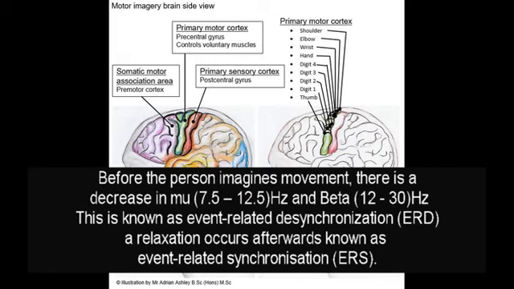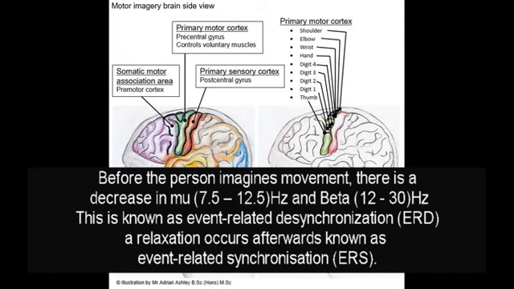Before the person imagines movement, there is a decrease in mu, which is 7.5 to 12.5 Hz, and beta, which is 12 to 30 Hz. This is known as event-related desynchronization, or ERD.